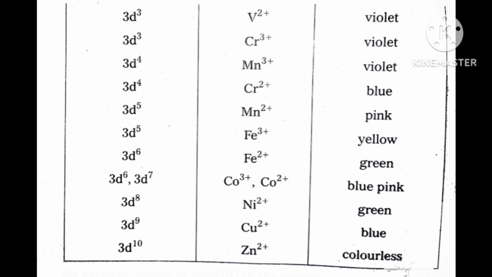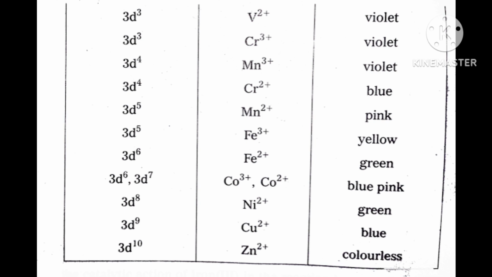When an electron from a lower energy d orbital is excited to a higher energy d orbital, the energy of excitation corresponds to the frequency of light absorbed. This frequency generally lies in the visible region. The color observed corresponds to the complementary color of the light absorbed.